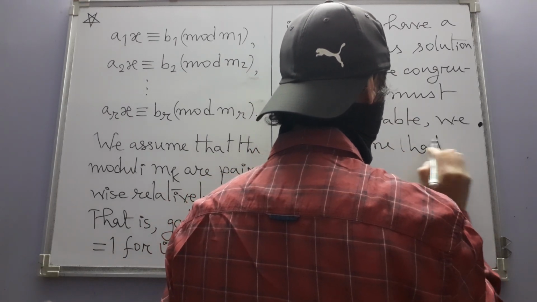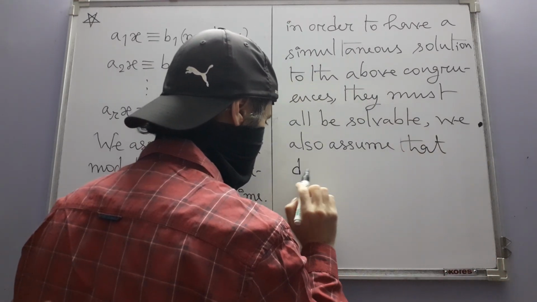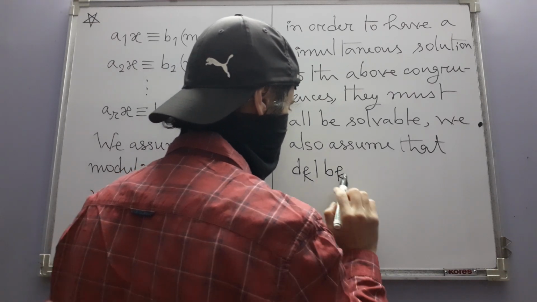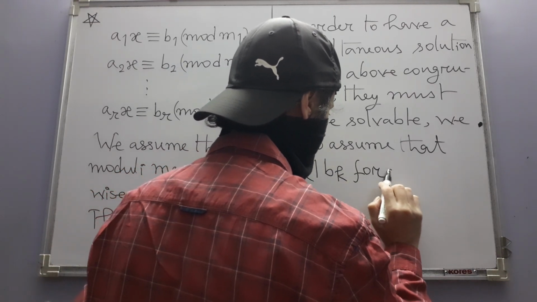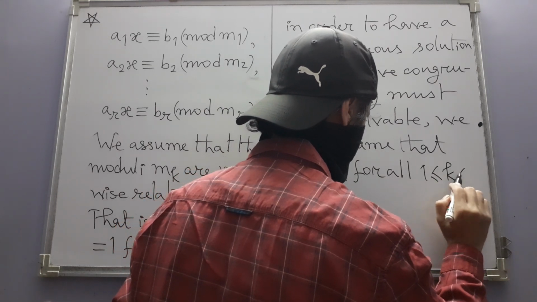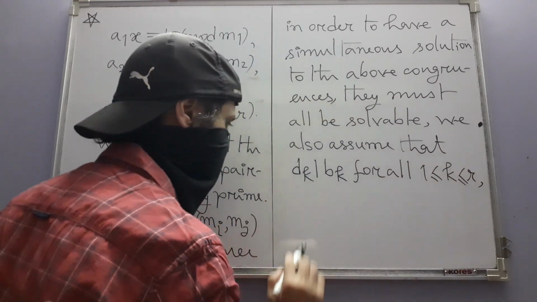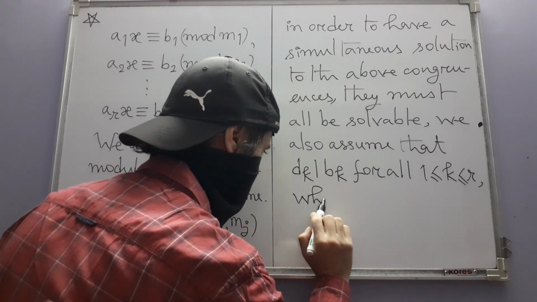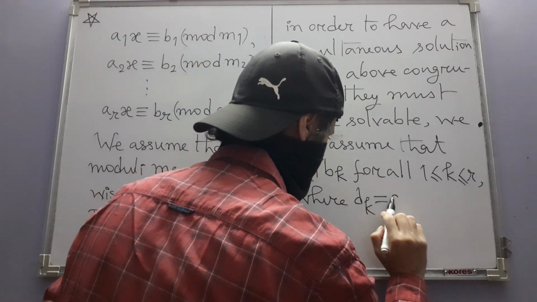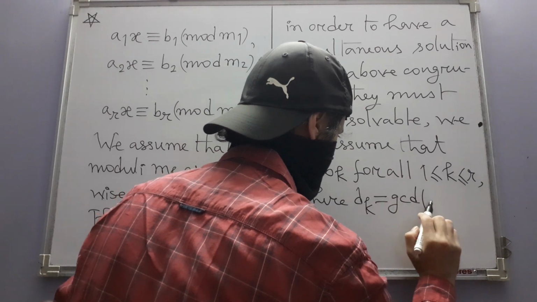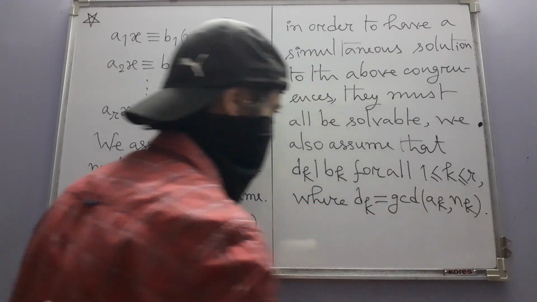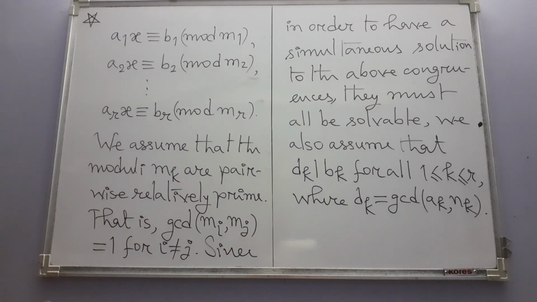That is, dk divides bk for all these k's, where dk is of course the GCD of ak and mk.